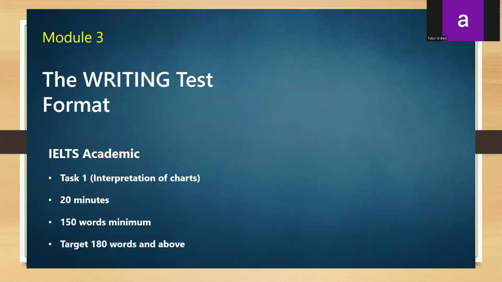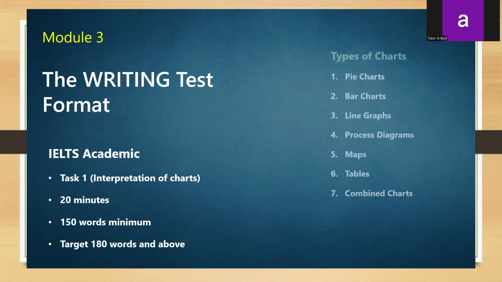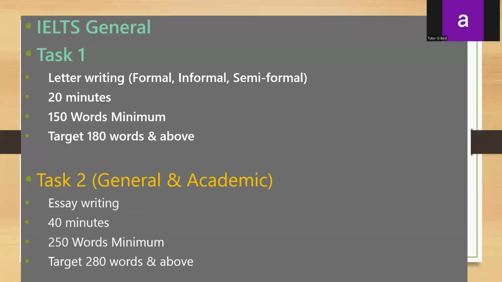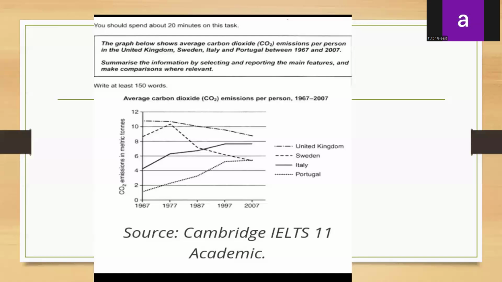So for IELTS academic, task 1 is interpretation of charts. They will give you a chart and you're supposed to interpret the data you see in that chart. This is what the IELTS writing task 1 academic looks like.